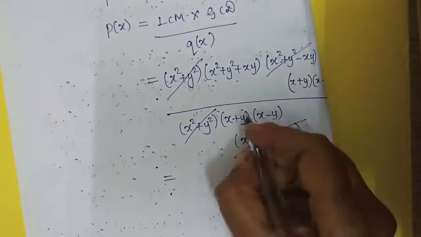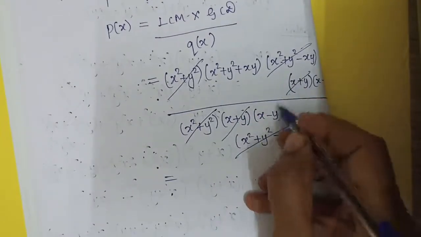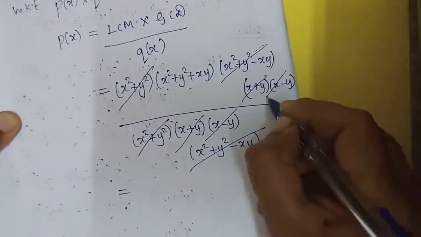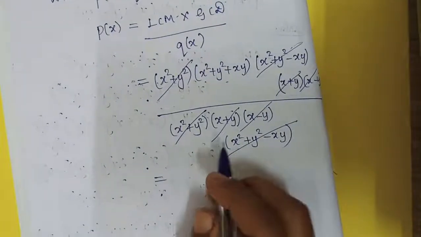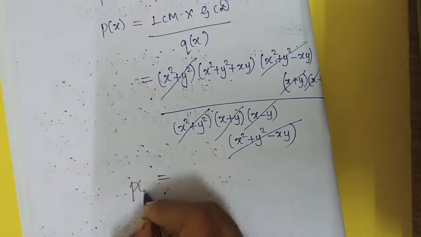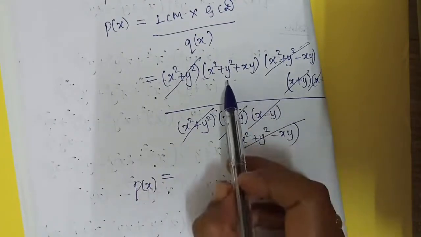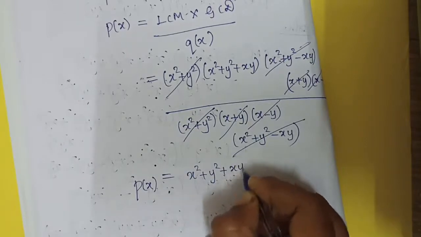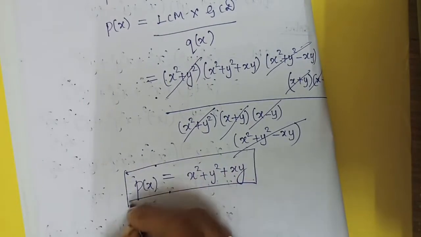Then (x + y), (x − y) cancel as well. So what is the required answer? p(x) equals only one term here: x² + y² + xy. So this is the final answer.